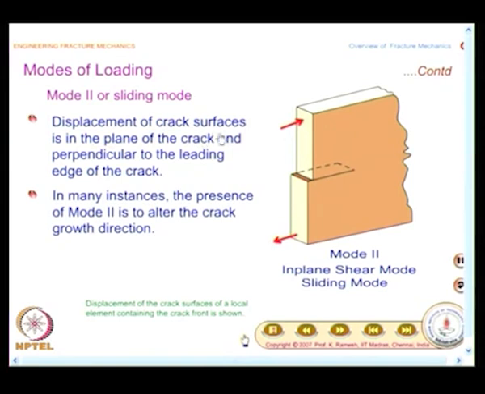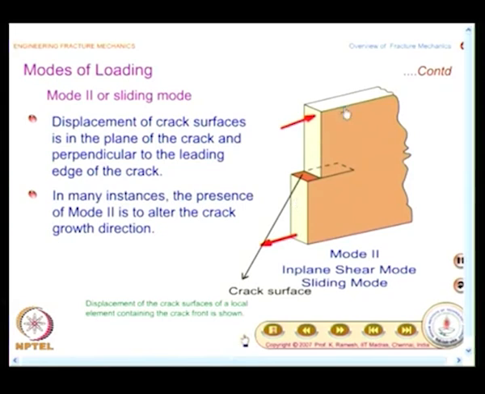The displacement of crack surfaces are in the plane of the crack, and perpendicular to the leading edge of the crack, and that is very clearly seen in the animation. The crack faces are sliding like this.